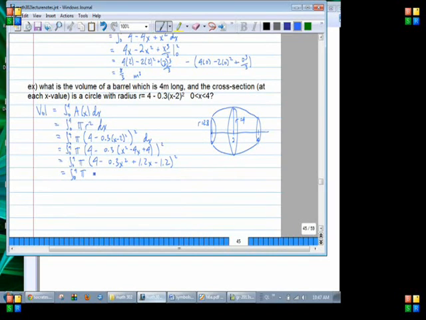Let's simplify that. So this is negative 0.3 x squared plus 1.2x plus 2.8. Got to square that. Oh, dx. Okay.